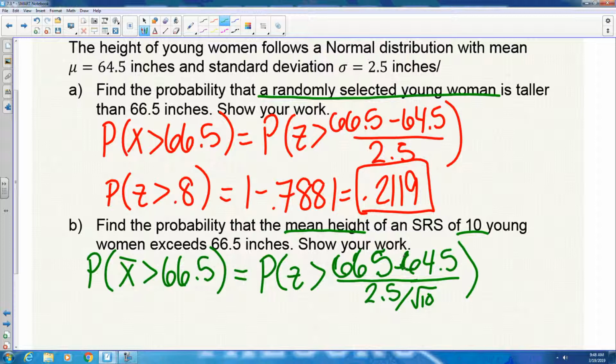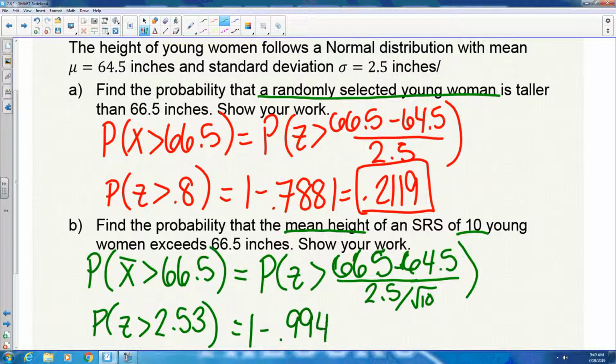Okay, so mostly looks the same except for the square root of 10 on the bottom. So this time our z calculates into 2.53, which is a lot different. And again, since it's greater than, we take what we find on the table and subtract it from 1. And get 0.0057.